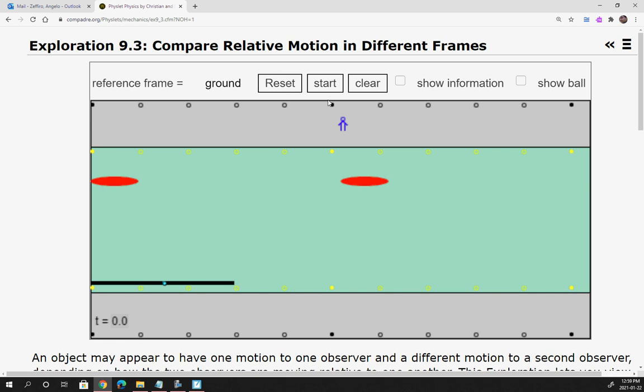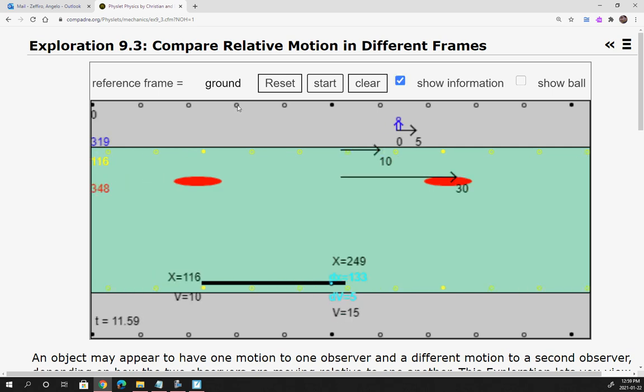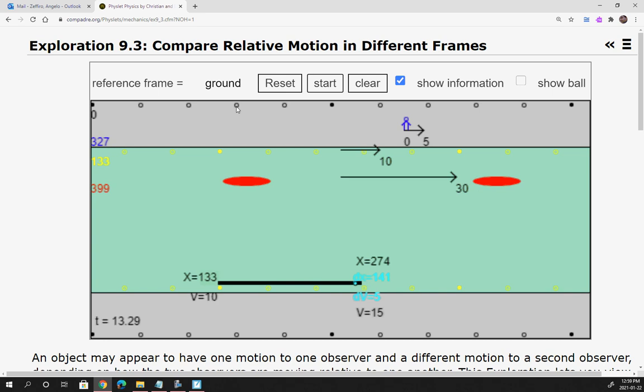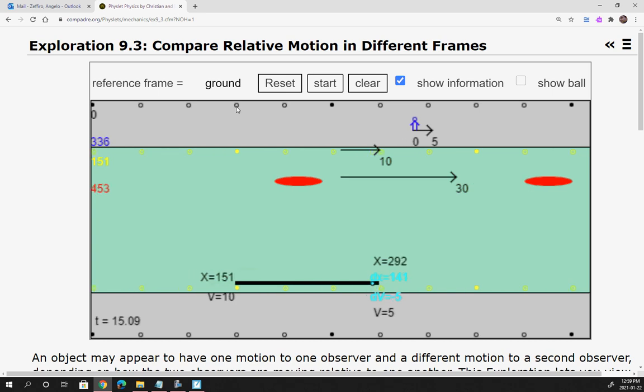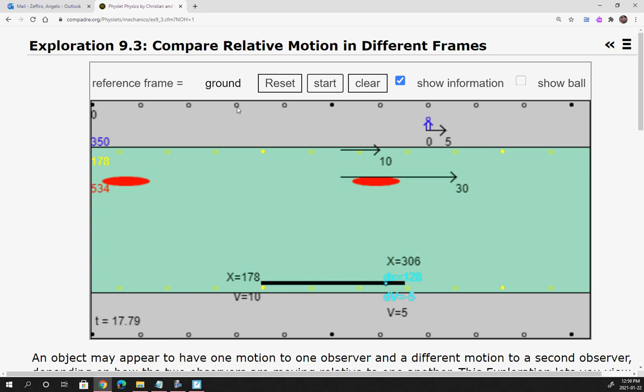So let's start this. And then all you do is you hover over something. So if you were a person just sitting on the park bench, this is how you would see everyone's velocity. Just like that. You can even ask it to show you what the velocities are. Oh, that person there is moving at 5, let's say, meters per second.